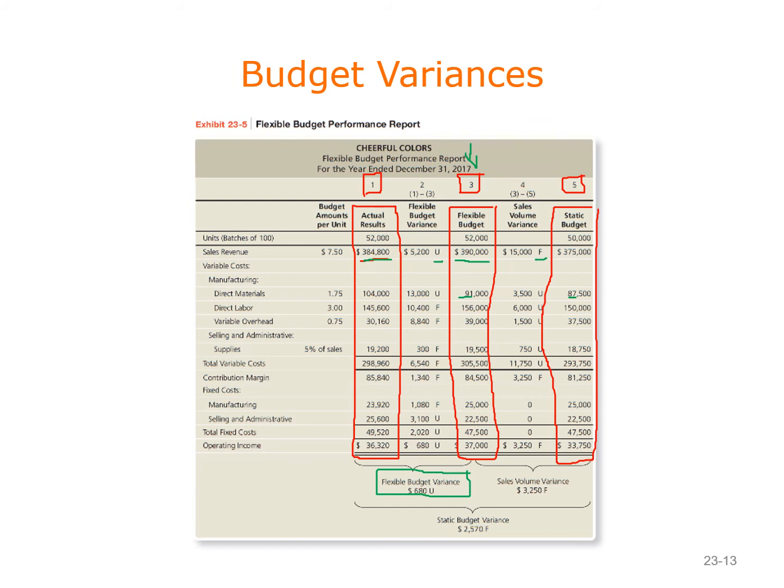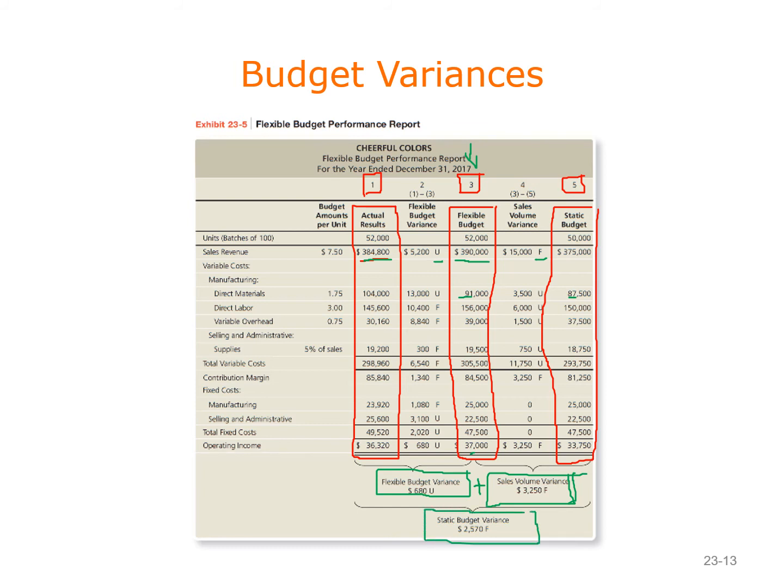We have 37,000 and 33,750, so this is favorable, because the operating income here is higher. This is called the sales volume variance. The addition of both the flexible budget variance and the sales volume variance is the static budget variance.